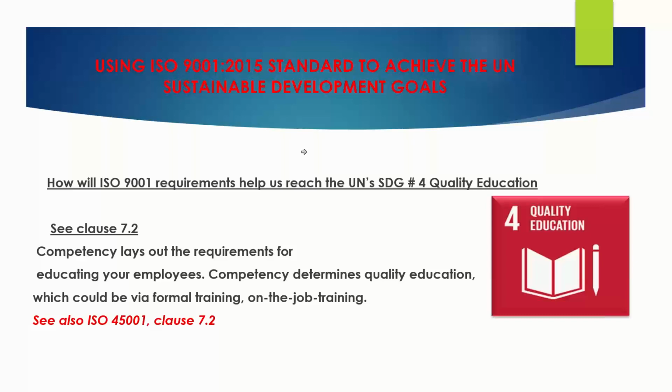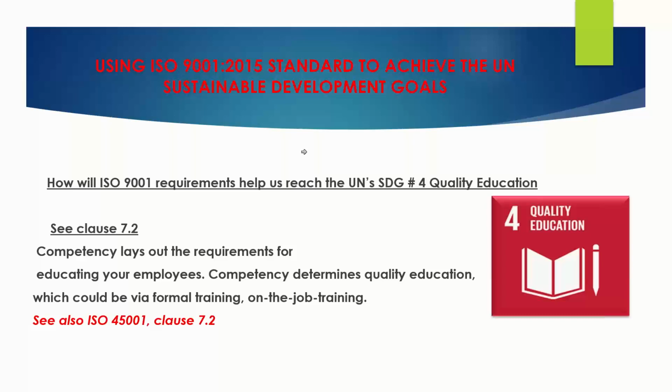And of course, the standard makes it very clear that the organization should ensure that training is carried out, the workers should be trained. And again, they need to document this information. They need to document the training, as it is generally referred to in the standard, as documented information.